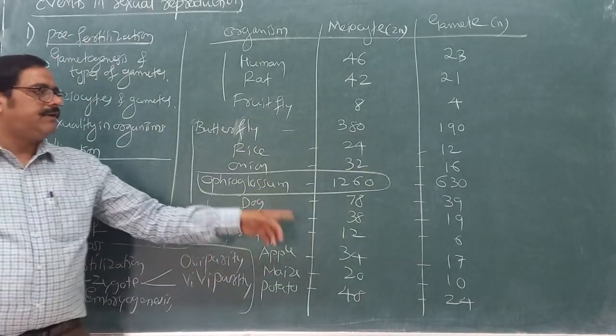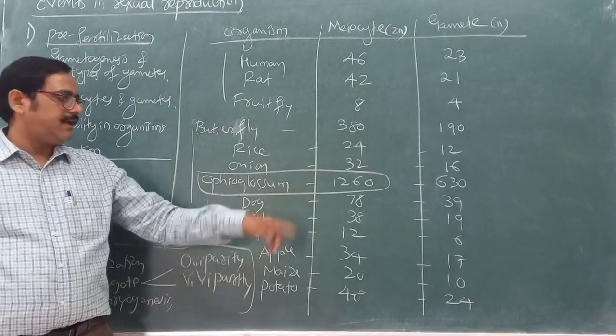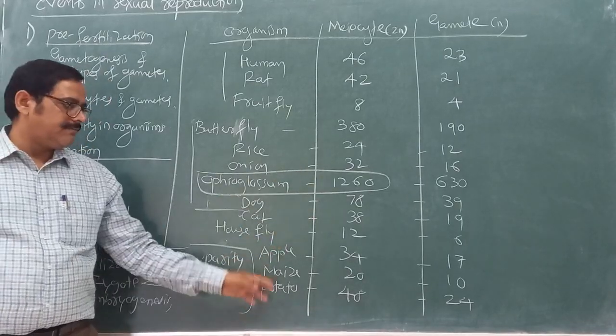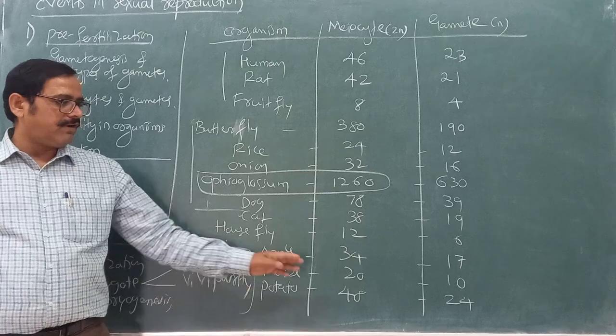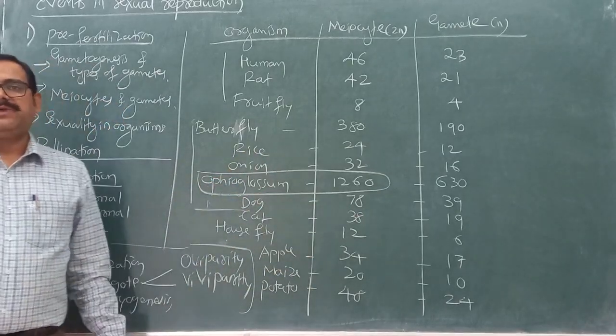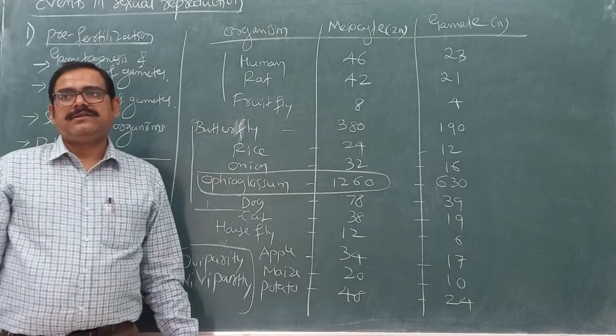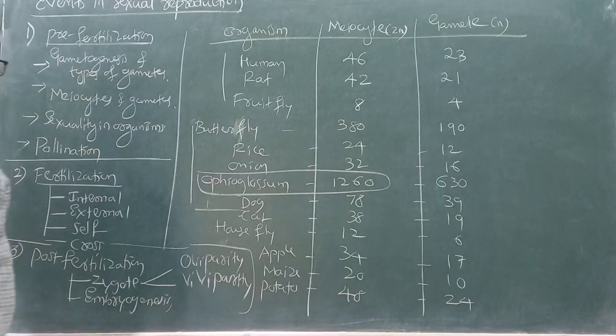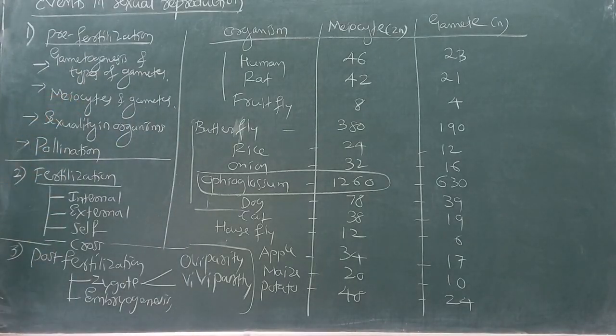Then dog 78, 39; cat 38, 19; housefly 12, 6; apple 34, 17; maize 20, 10; potato 48 and 24. Like this you need to remember the meiocyte and gametic chromosome numbers. Is it clear?